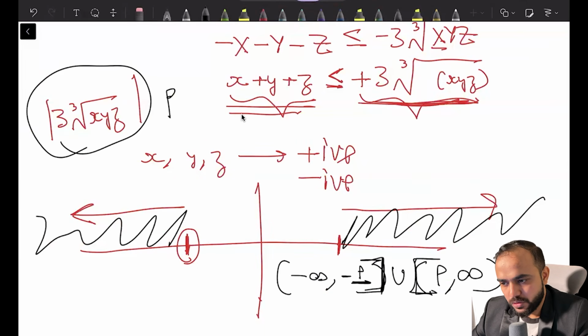99.9% you will only be using the positive variant. In fact, the existence of the positive variant is how you will determine that you have an AMGM sort of situation going on. However, if you do come across, on the rare chance, that the numbers given to you are negative, you can deal with them like this by making their positive counterparts and then applying the AMGM and then multiplying with minus one sign to get back to your original numbers.